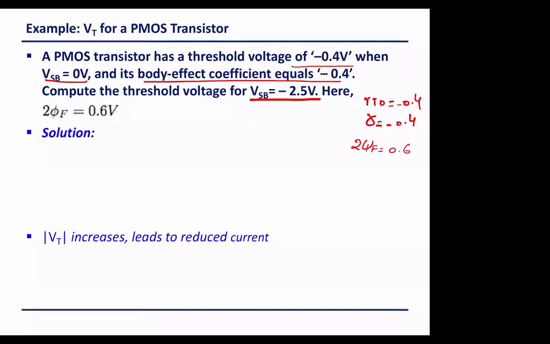So technically, we write VT equals VT0, which is minus 0.4, plus gamma, which is minus 0.4, multiplied by the square root of the absolute value of minus 2 phi f plus VSB.